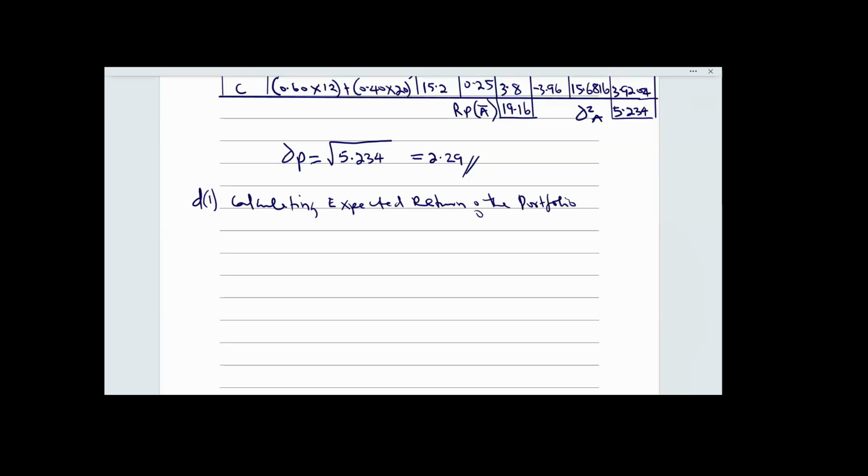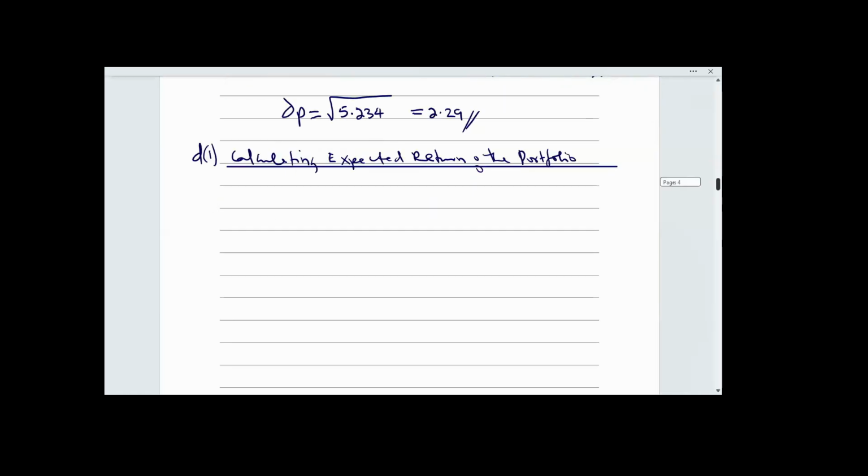Whether you use the tabular method or the algebraic method, you are supposed to get the same answer. So how do you calculate the return of the portfolio using the general formula? The return of the portfolio is the proportion invested in security X multiplied by expected return on security X, plus proportion invested in security Y multiplied by expected return on security Y.